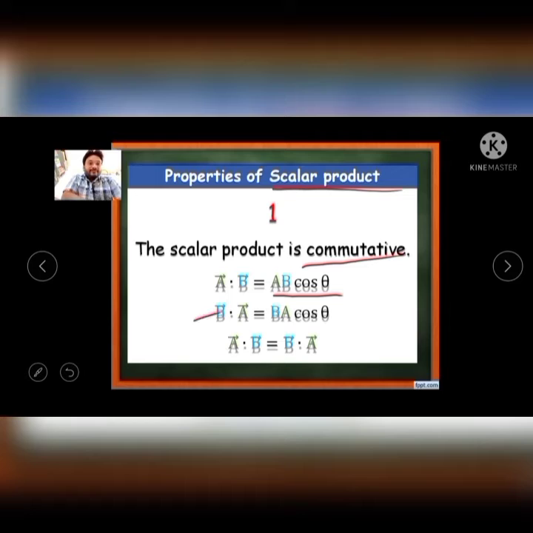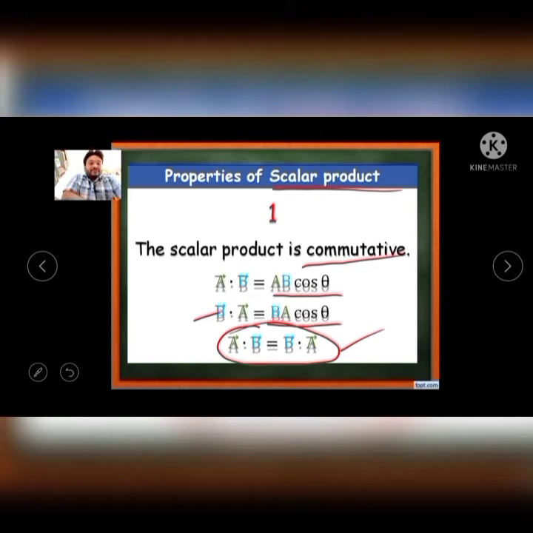Similarly, B dot A is also equal to the product of the magnitudes of vector A and B and the cosine of the angle between them. That proves that vector A dot vector B is equal to vector B dot vector A. Both give us the same answer. That is why the scalar product obeys the commutative property.